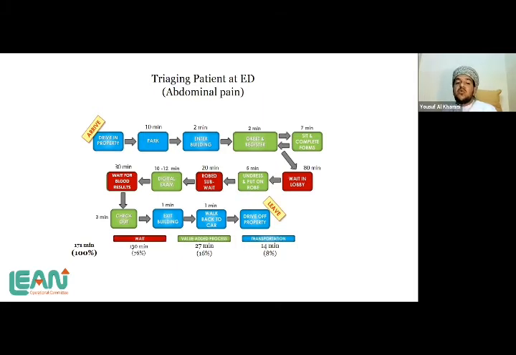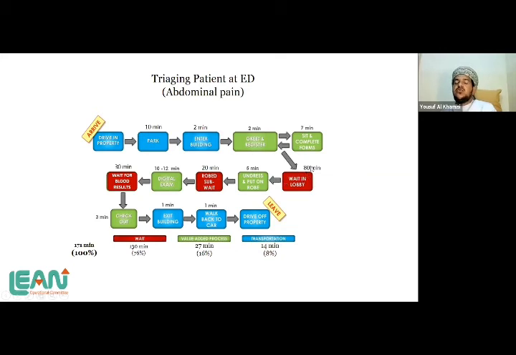We have two types of waste in this process. Waiting is the biggest, the huge waste that we can invest in. So for example, if I am a project champion in emergency, I will look at the timing. Where is the patient spending more time? He will be waiting in the lobby to be seen by a physician.